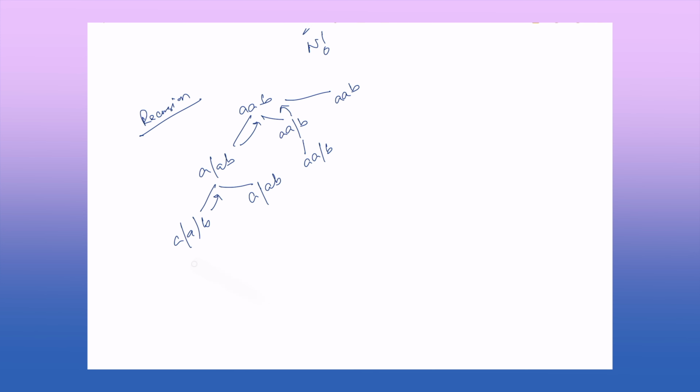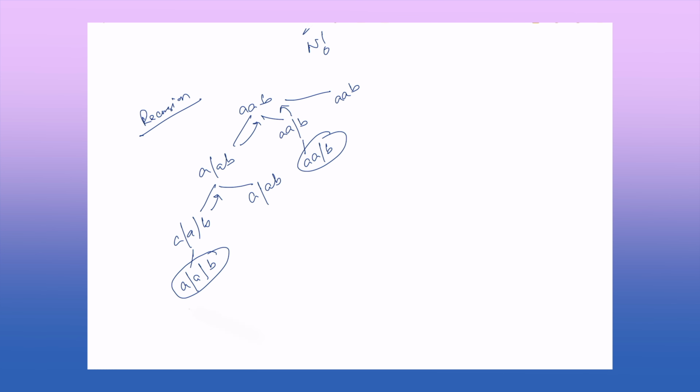Then again we'll take this one, we'll have AAB, and we cannot put a partition here because it is the end of the string.